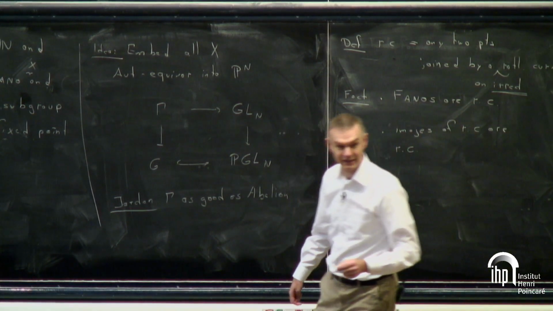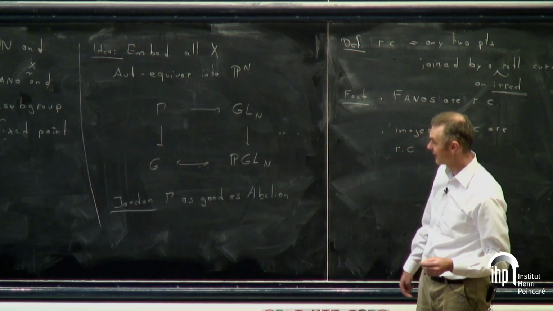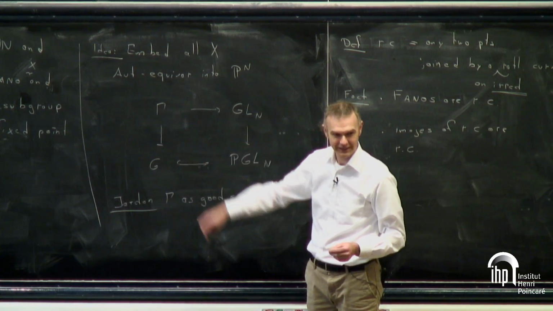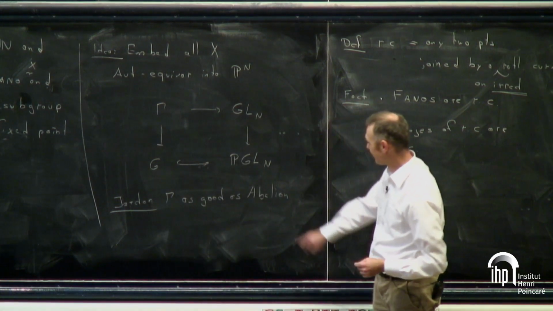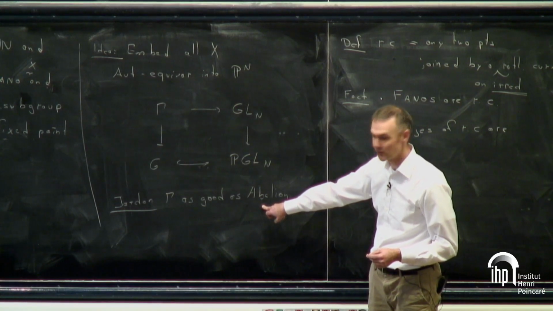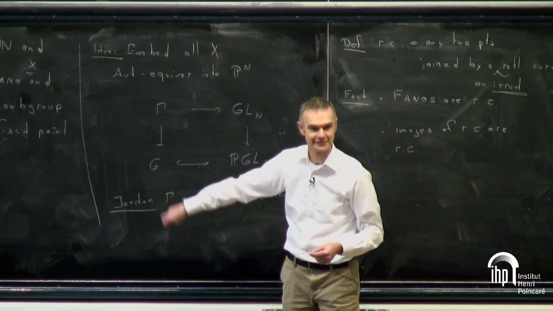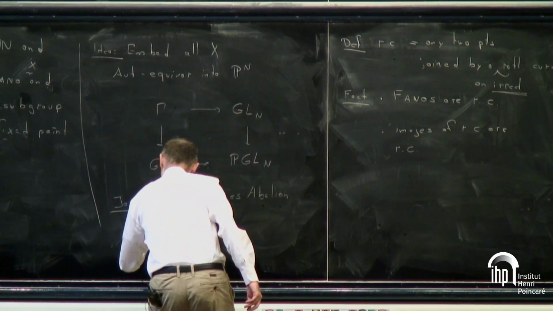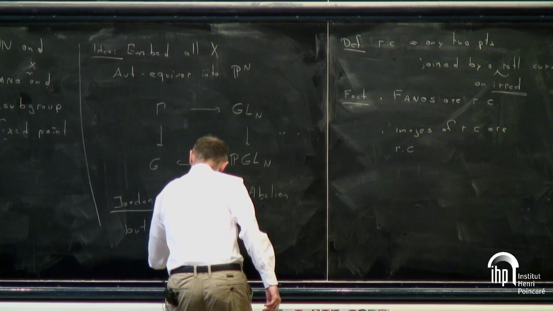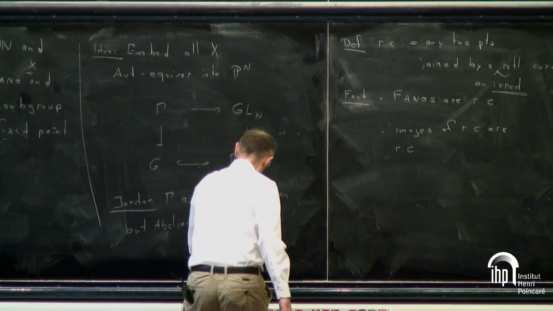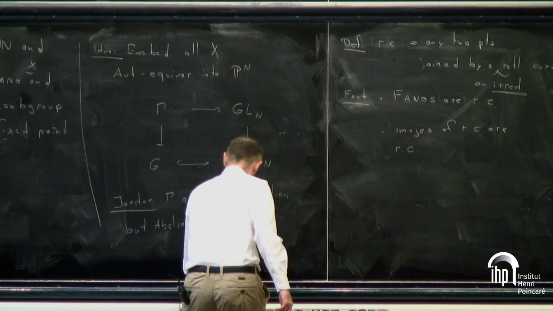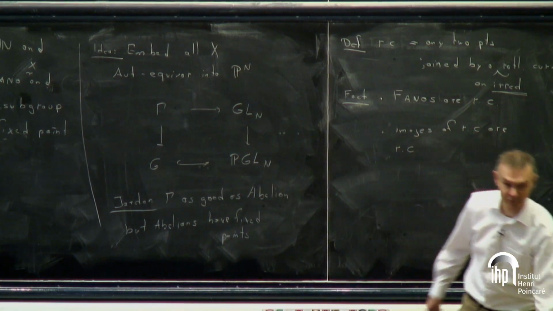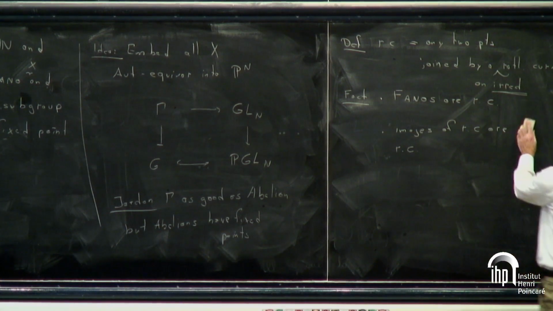This has an abelian subgroup, and F will be the image of the abelian subgroup inside G. But for now, I just say abelians have fixed points. So I find a fixed point after passing to subgroups of bounded index.